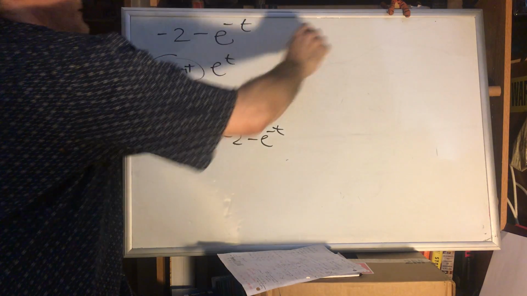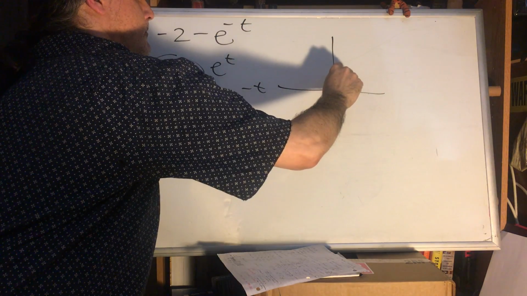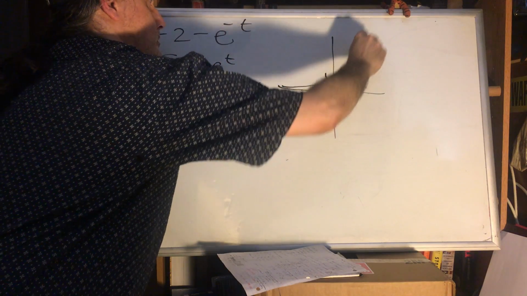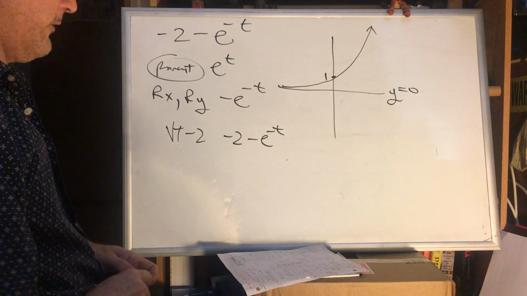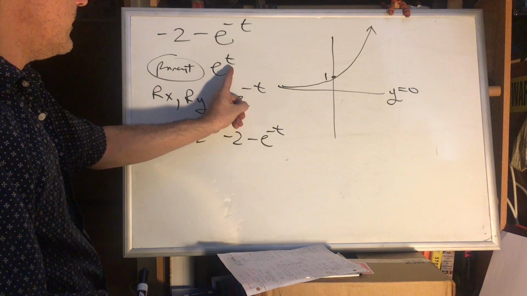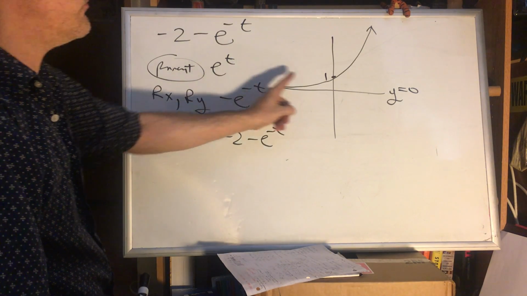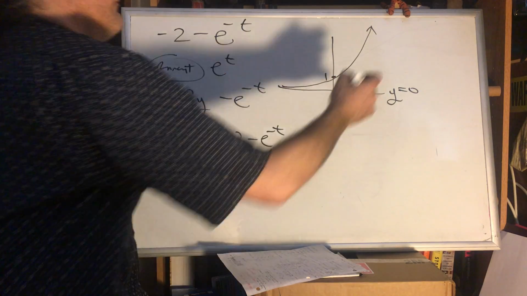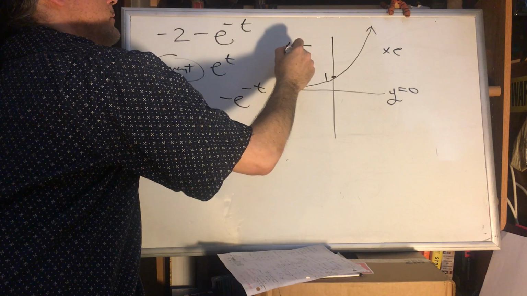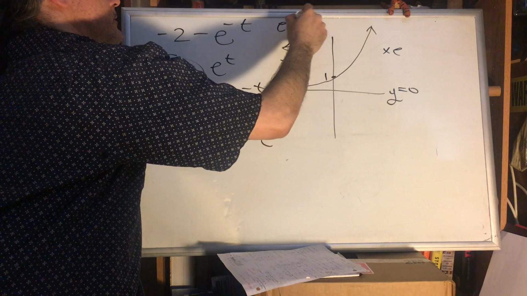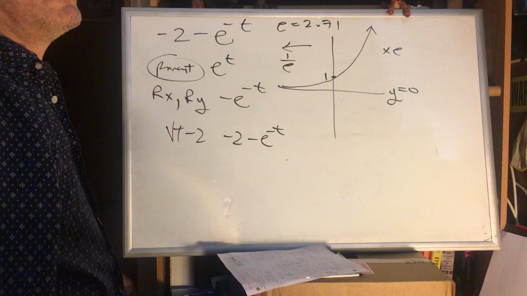All right, so our parent, again, y equals 0 is the horizontal asymptote, because this is to the 0 power. Anything to the 0 power is 1. And if we multiply e, we go this way, and if we divide by e, we go that way. So again, remember, e is 2.71 something.